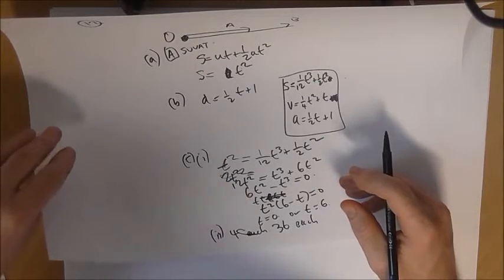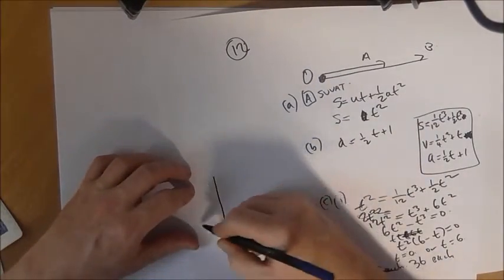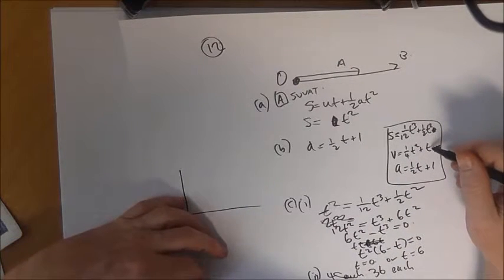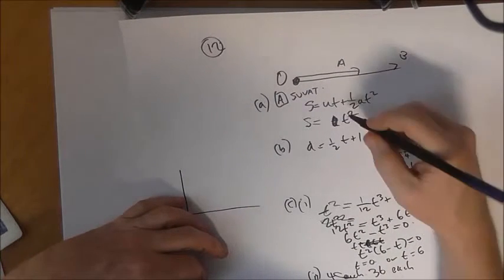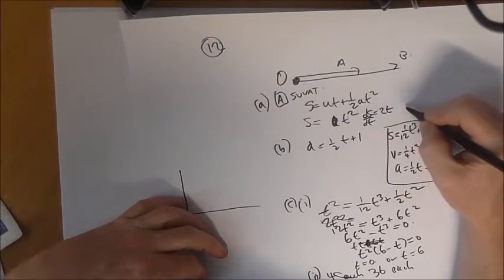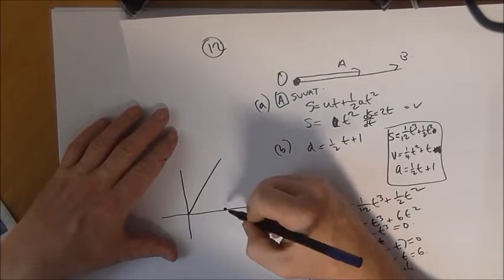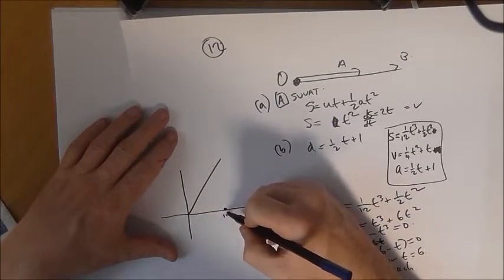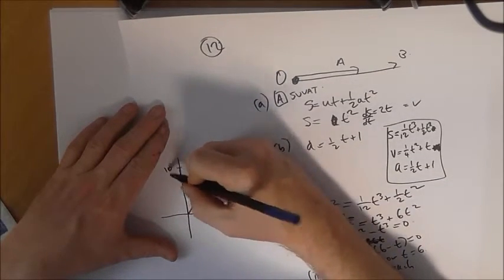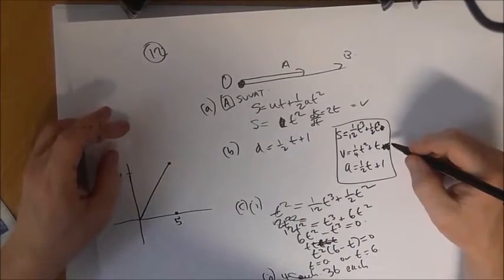And draw a sketch of the velocity of each car. So we want that, and we also want that. 2t is that. And how about the graph for this?